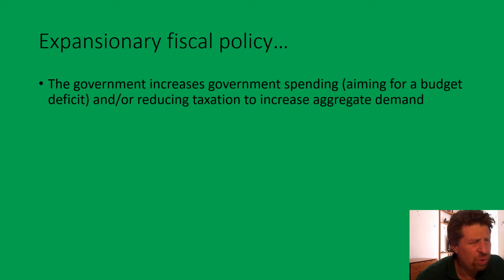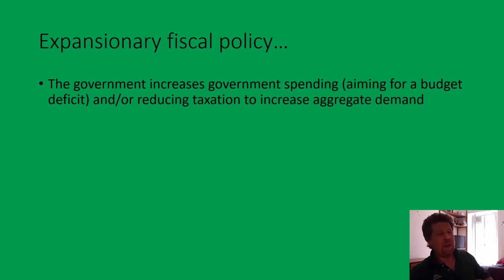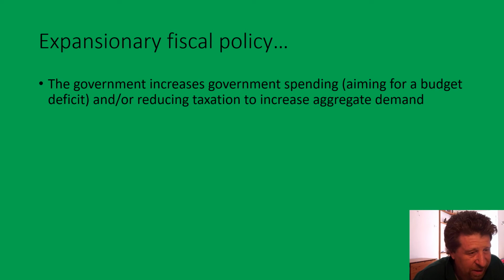Now, you can have two types of fiscal policy. You've got expansionary fiscal policy or contractionary fiscal policy. Expansionary fiscal policy increases the government's spending and or reduces taxation, and so this should increase aggregate demand and increase economic activity. So you'll end up increasing jobs, etc. Obviously, for this, you're aiming for a budget deficit.